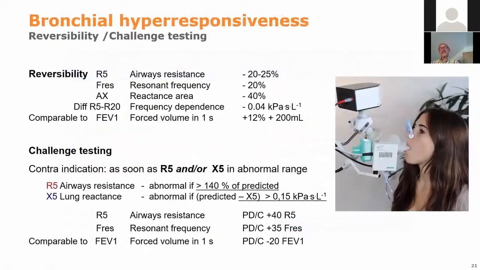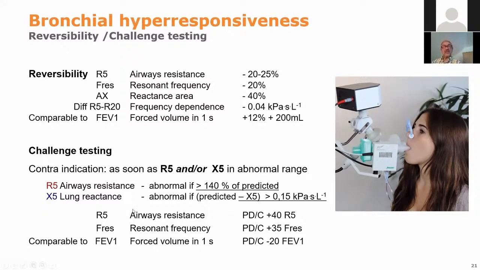So I don't like to discuss the whole slide, but we have strict threshold values for the reversibility pre-post testing, which is comparable to an FEV1 improvement of 12% and 200 milliliters of volume.